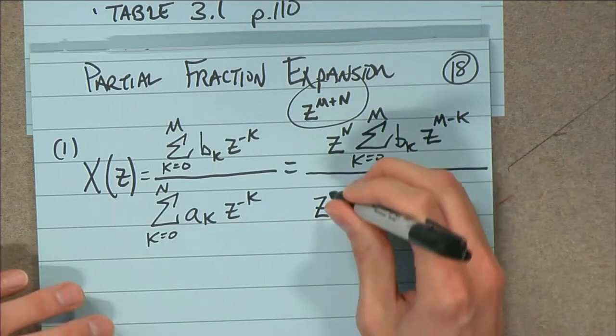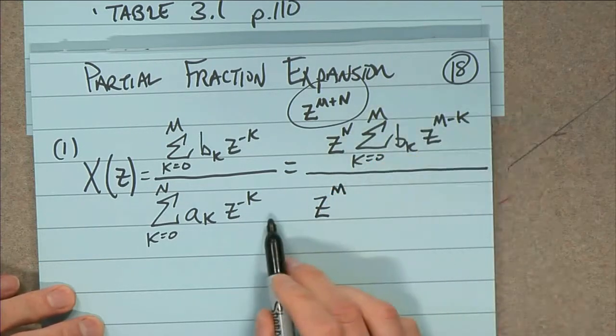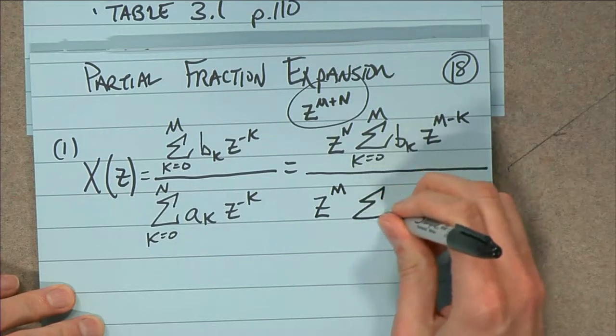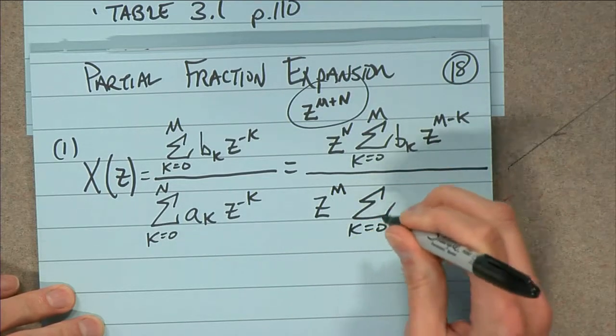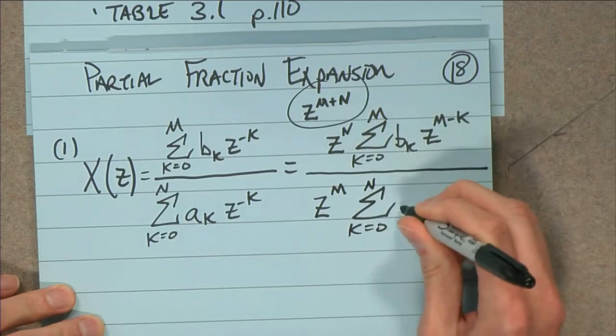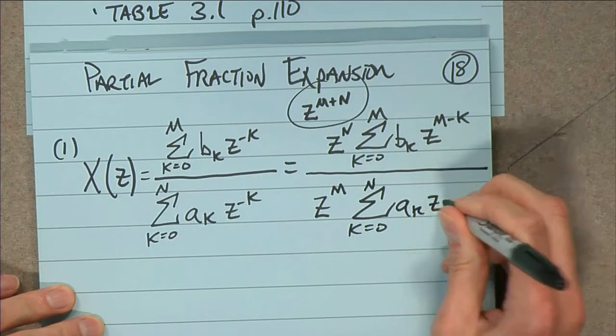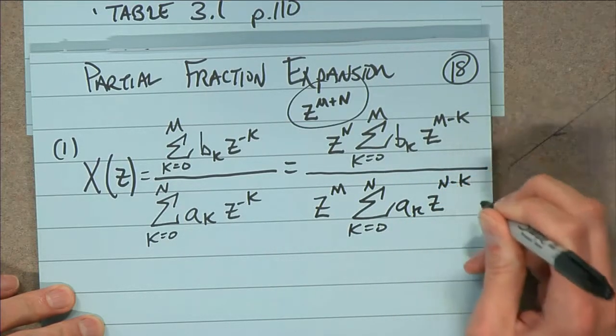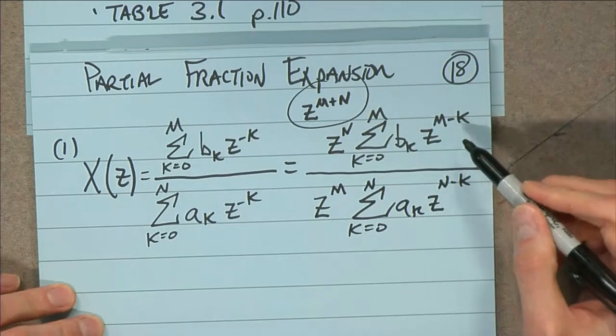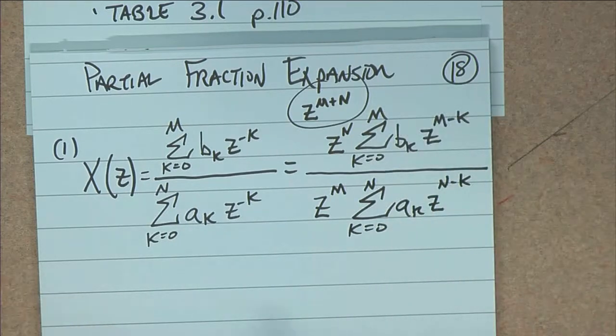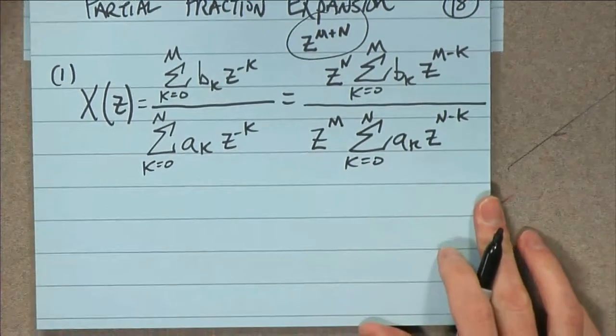So we'll end up with z to the m and push the n through to the other side. And that's n. So now you can kind of see these are going to be an mth degree polynomial and an nth degree polynomial. And that's going to kind of set how we attack the problem.